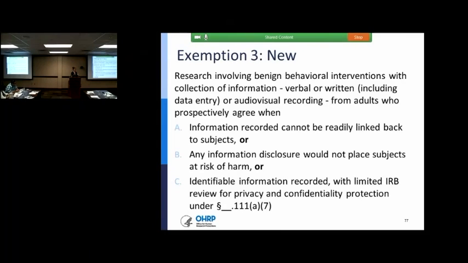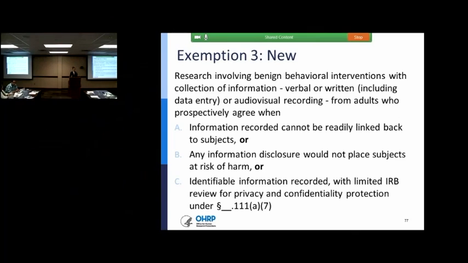It is limited to these specific methods of collection. Also notice the term adults here, right? So this only applies to research with adults. So exemption 3 cannot be used for research with children.